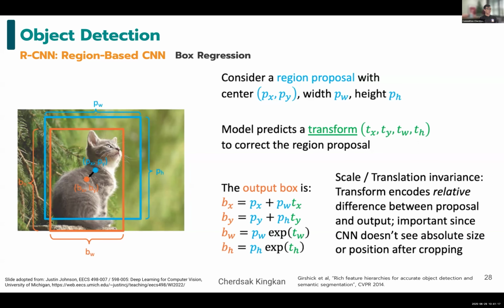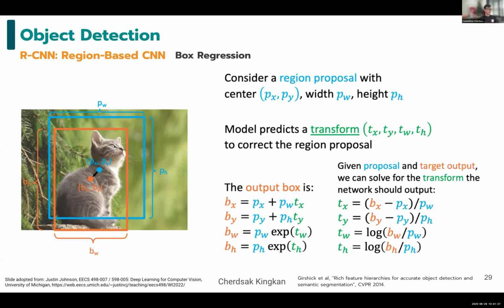This sort of transformation is scale and translation invariant as well, because the CNN doesn't see the absolute position, so we just want to find the errors between the predicted bounding box and the ground truth. So if we give the region proposals and the target output, we can solve for the transform of the network, so that we can get this value back, how large the area is.